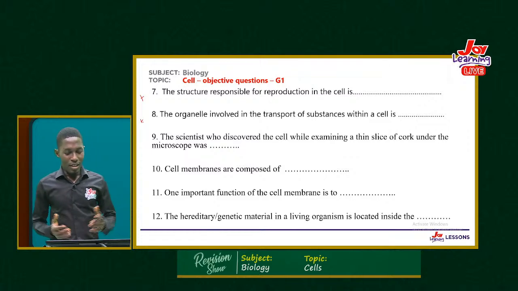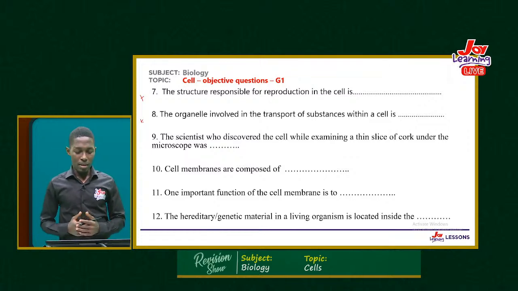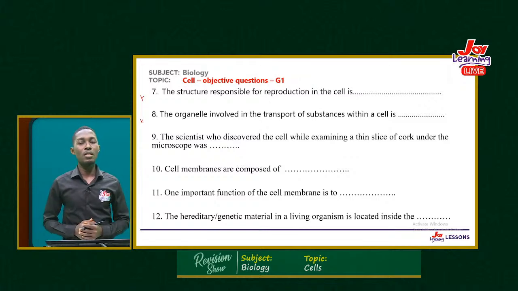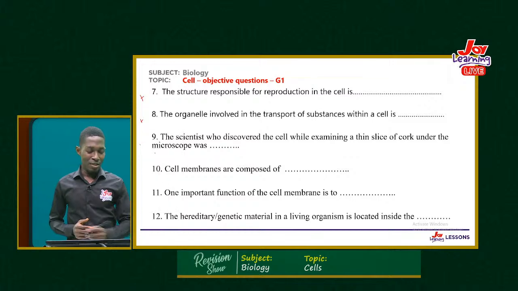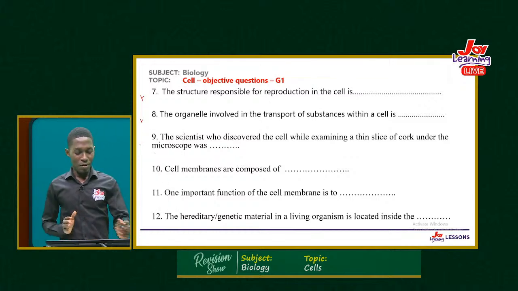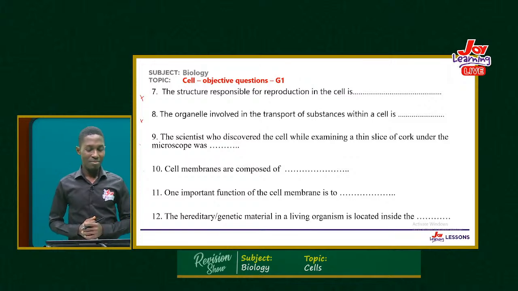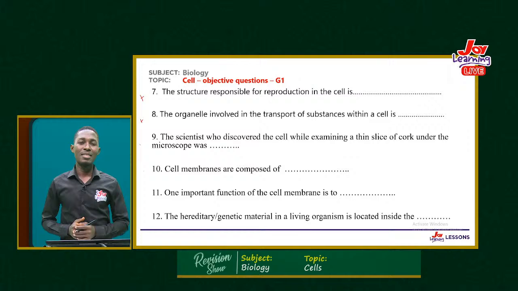The scientist who discovered the cell while examining a thin slice of cork under the microscope was? Janssen, Anton Leeuwenhoek. Okay, Anton Leeuwenhoek, don't worry. Then cell membranes are composed of what? The cell membrane. The cell wall. Okay, you've tried.